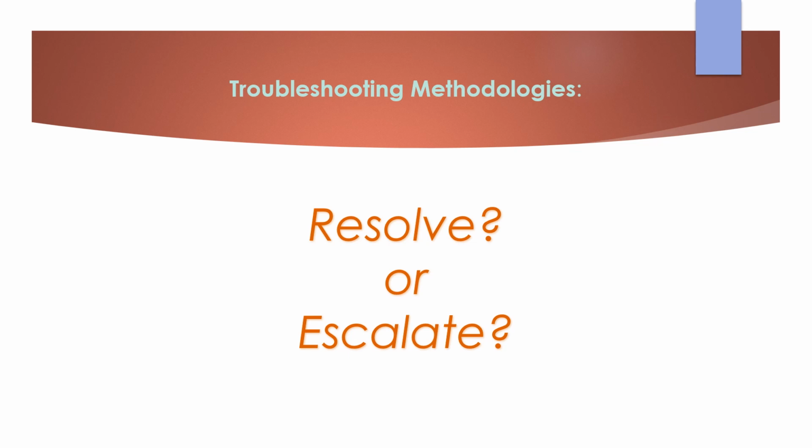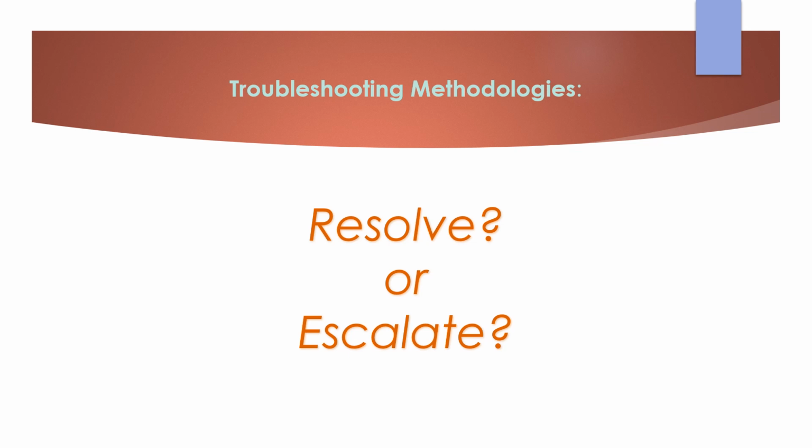This problem should be escalated for manager approval. The manager may have to escalate the problem again, as it may require the approval of the financial department before a new model can be purchased. A company policy should clearly state when and how a technician should escalate a problem.